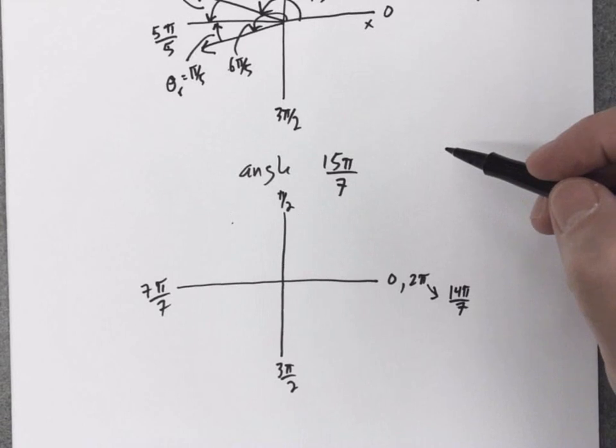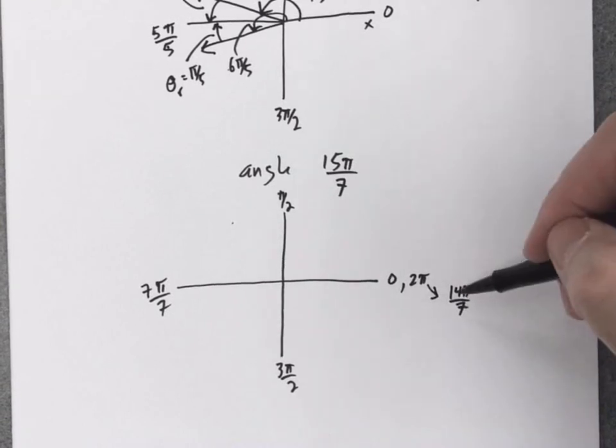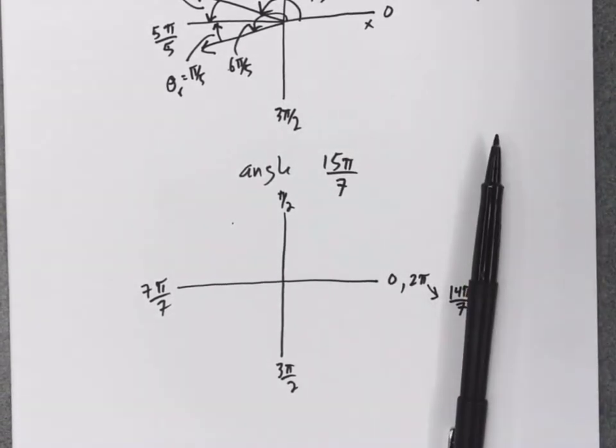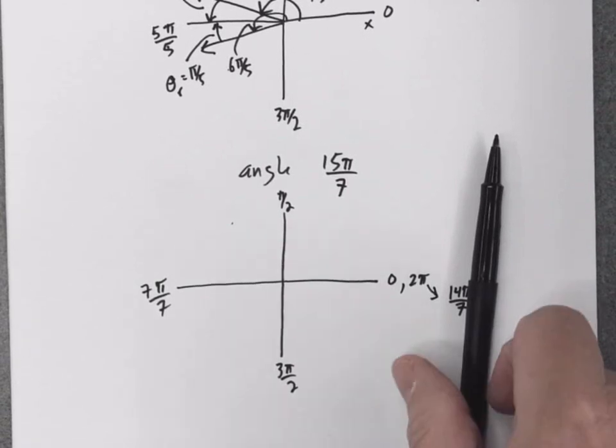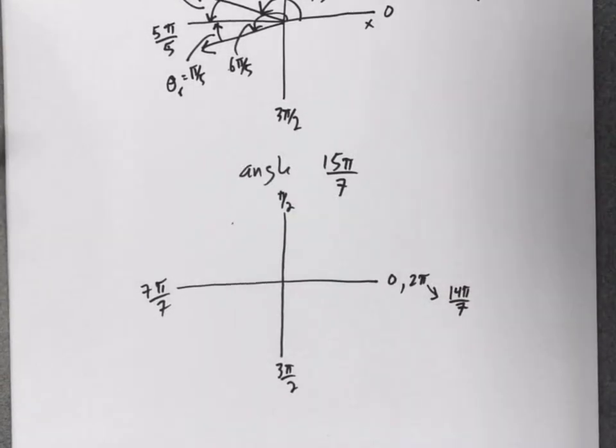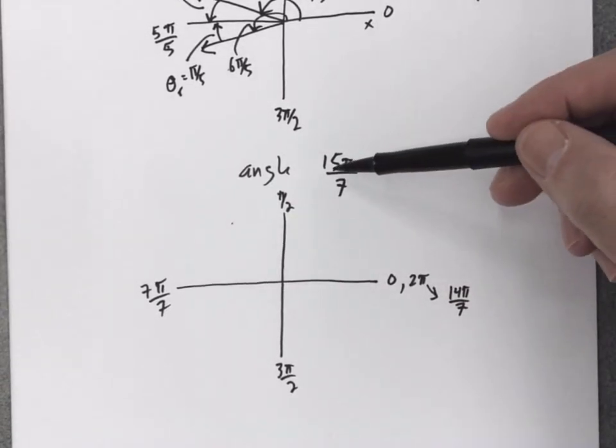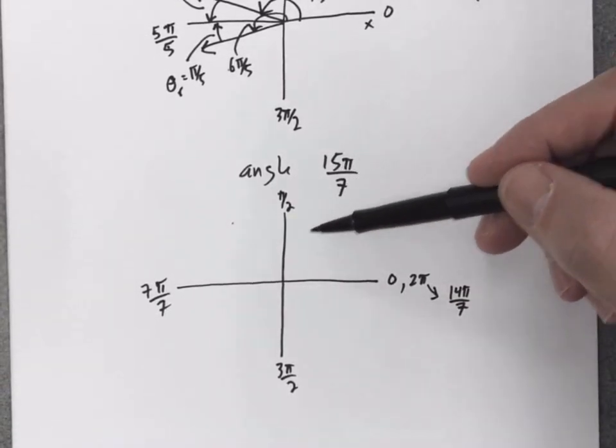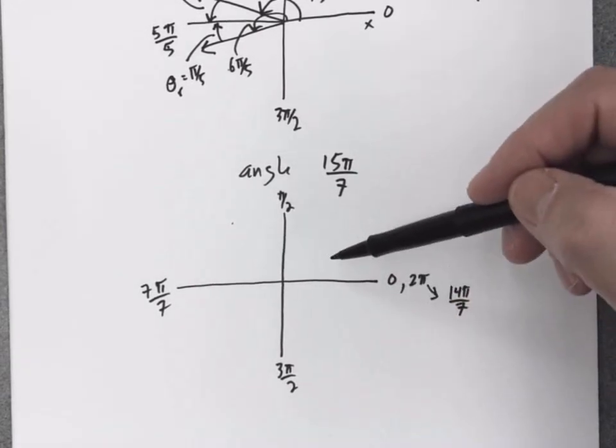My angle is 15 pi over 7. So this goes back to actually, this 15 pi over 7 angle is not in the unit circle.